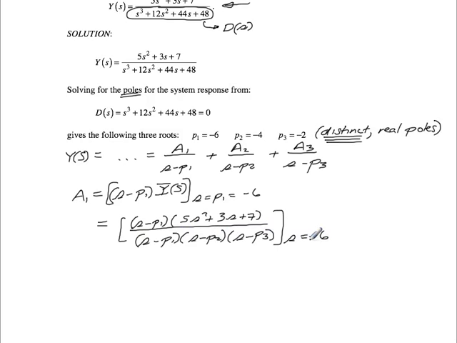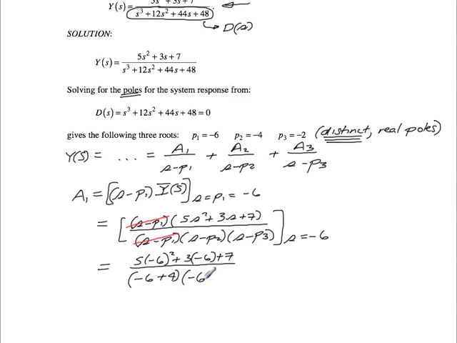Now before we do the evaluation at s equal to minus 6, we need to first recognize that by multiplying through, we need to cancel out this factor first. Otherwise, it's going to be hard to figure out what this is. So we cancel that out first. Then we set s equal to minus 6. So this is 5 times minus 6 squared plus 3 times minus 6 plus 7, divided by s, which is minus 6, minus p2; p2 is minus 4, so that's a plus 4.